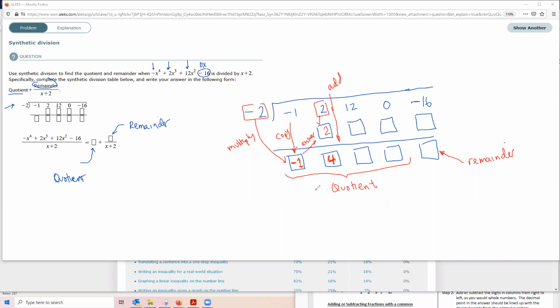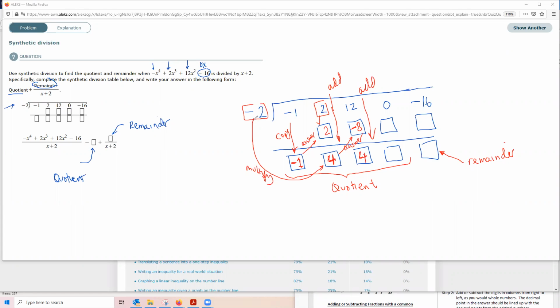So I put a 4 in that box. And now I do the same procedure over again. I take this -2 in front, multiply the 4, and put the answer in this box. Well, -2 times 4 is -8. So I'm going to put a -8 in that box. Now I add straight down. 12 plus -8 is a 4 again.